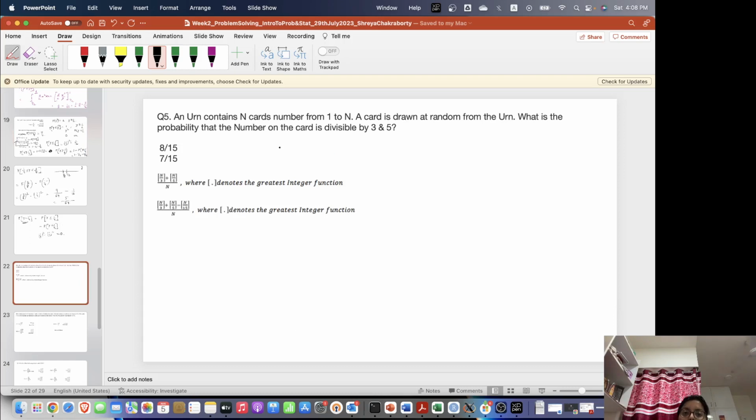So let an urn contain n cards with numbers from 1 to n. A card is drawn at random from the urn. Then what is the probability that the number on the card is divisible by 3 and by 5?